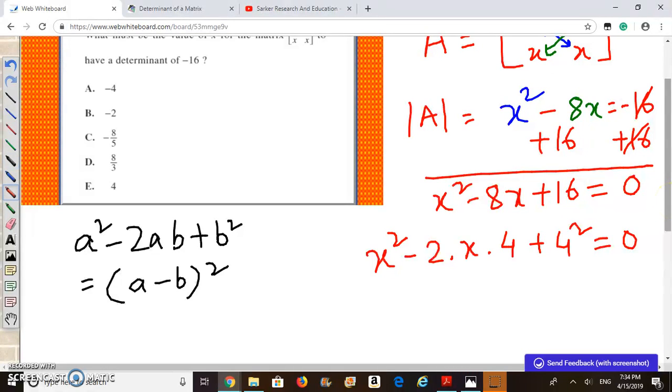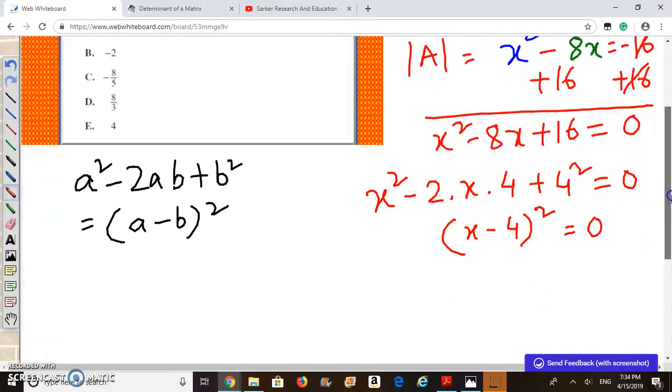So we can write it as (x minus 4) square equals 0. The a is x and the 4 is b. So that means x minus 4 equals 0. So what is the value of x? 4. So we have found the missing value of x.